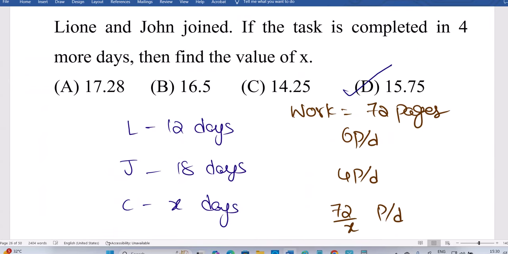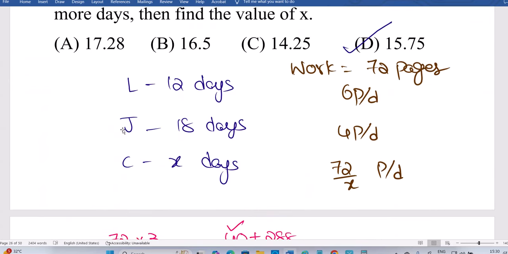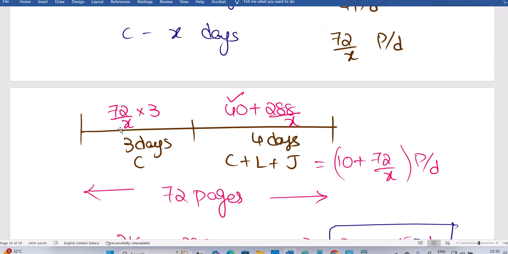Option D. It is not an integer, we got some fraction, but see the procedure, what is happening. C can type 72 by x pages per day. He is working for 3 days, so multiply by 3. Whereas here, C is 72 by x, L is 6 pages per day, J is 4 pages per day.